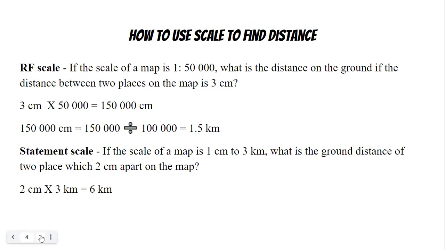For the representative fraction or ratio scale, in this example, it says if the scale of a map is 1 to 50,000, what is the distance on the ground if the distance between two places on the map is 3 centimeters?